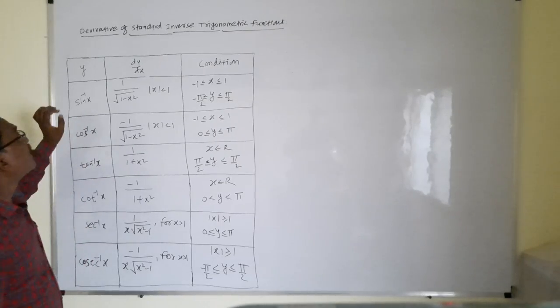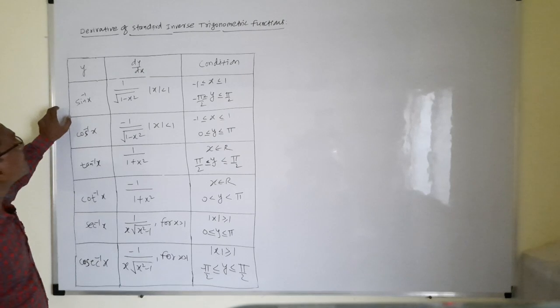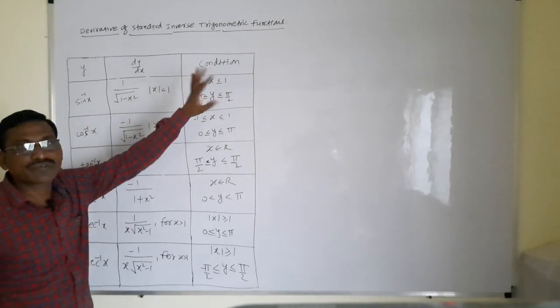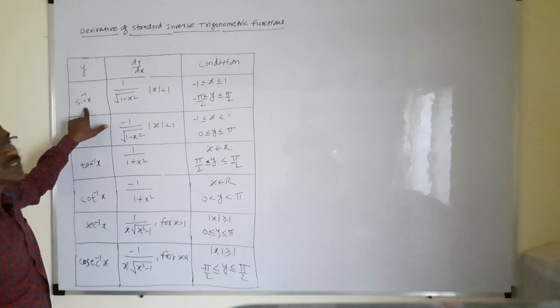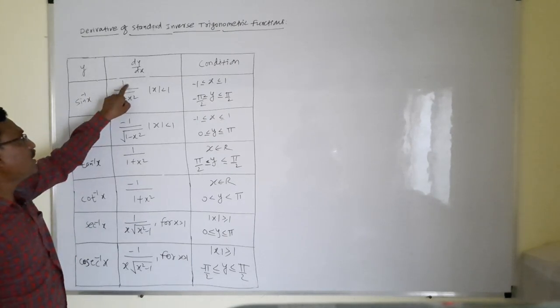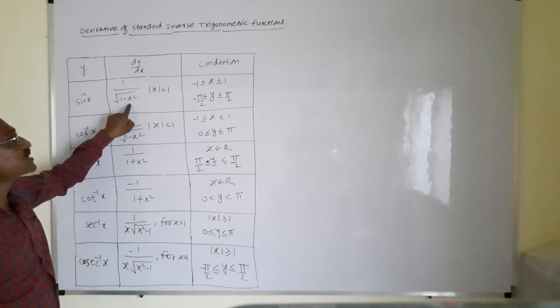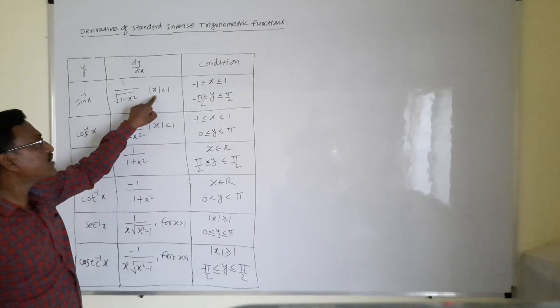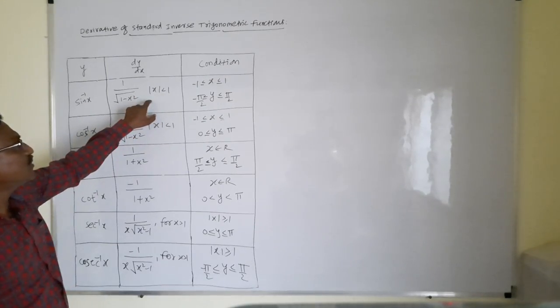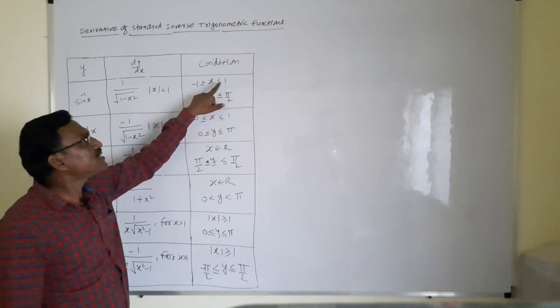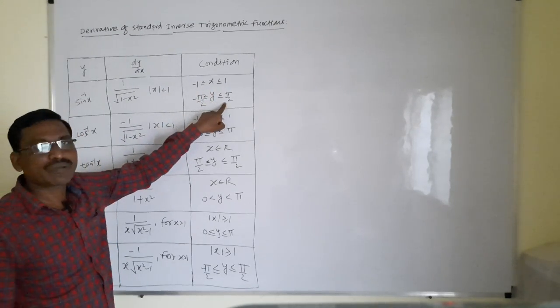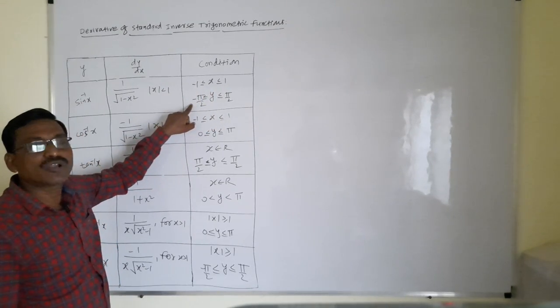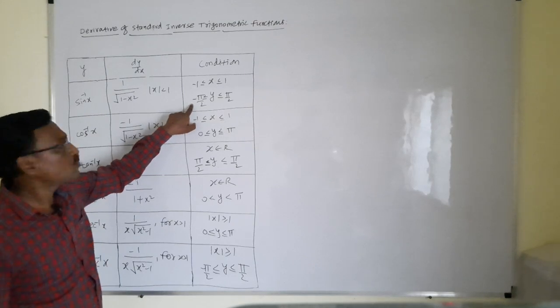In this way, the derivatives of standard inverse trigonometric functions are as follows. First, sine inverse of x: its derivative is 1 upon root of 1 minus x square, with condition modulus of x less than 1, that is x between minus 1 and 1, and y between minus pi by 2 and pi by 2.